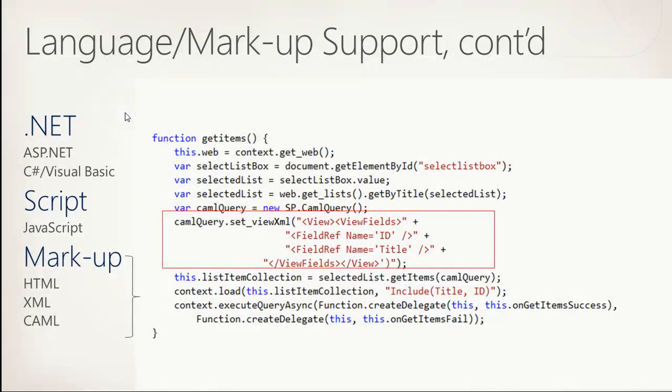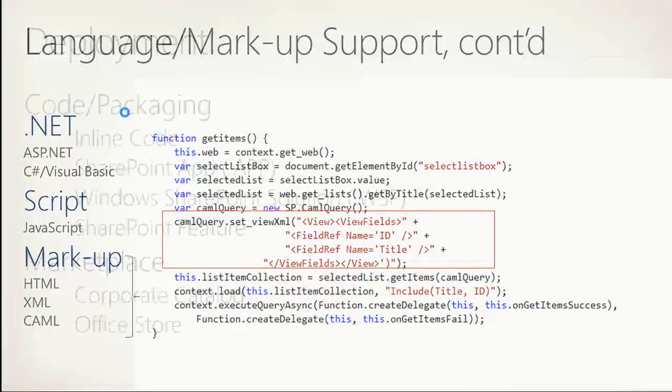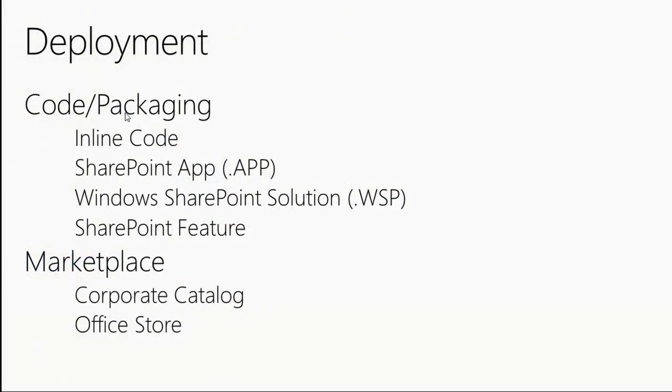So just know that you're not necessarily relegated to CAML if you do come across it, but it's good to be aware of it, because it will pop up, and you're like, what's this CAML thing? And then you can act really smart in front of all your colleagues and say, I know what CAML is. Steve told me. So in terms of packaging, I showed you a little bit about the app.